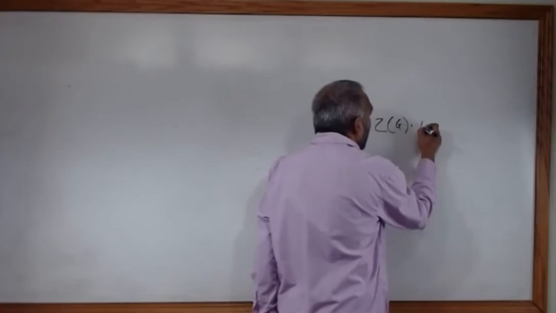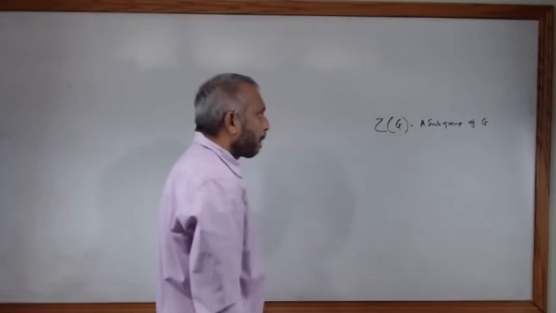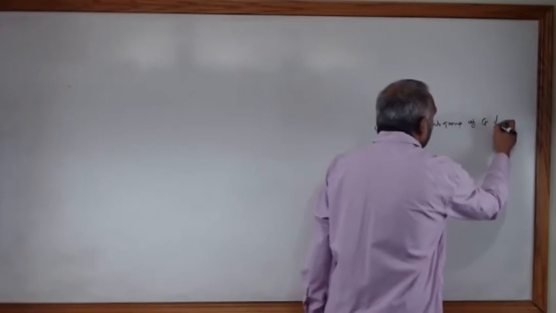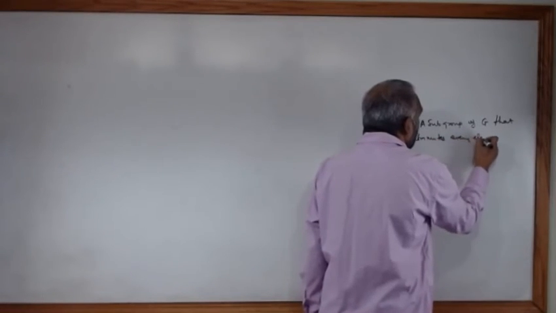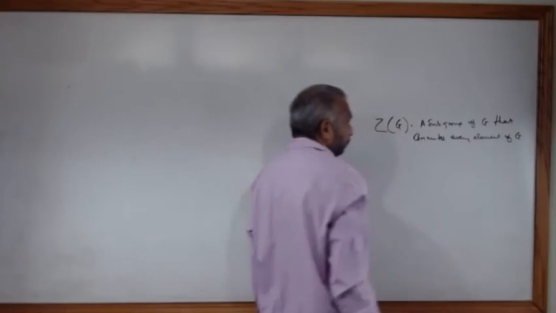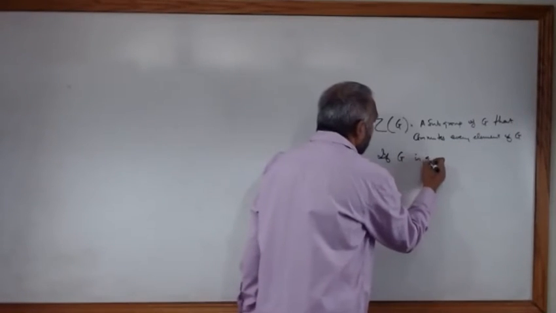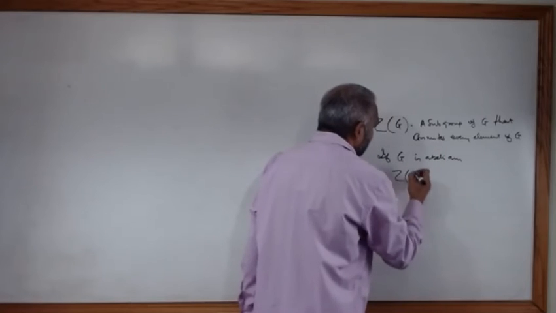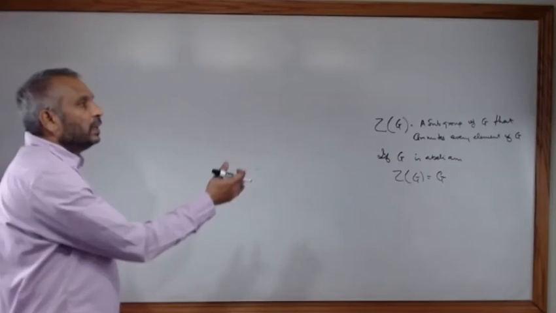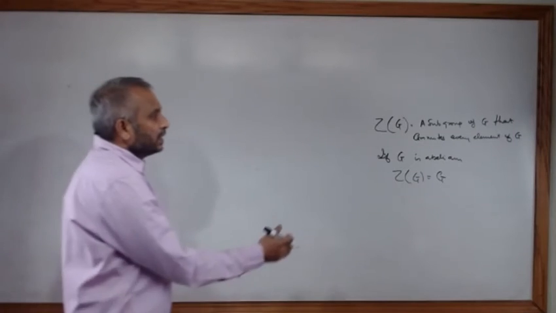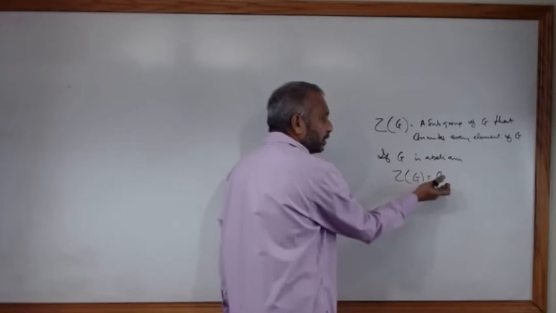This means a subgroup of G that commutes with every element of G. See, if G is abelian, then the center of G is equal to G. There is no other element other than the elements from this subgroup that commutes with all elements of G, because G is already abelian.